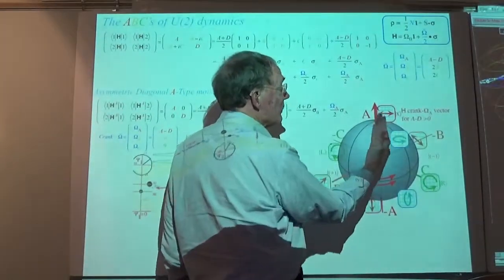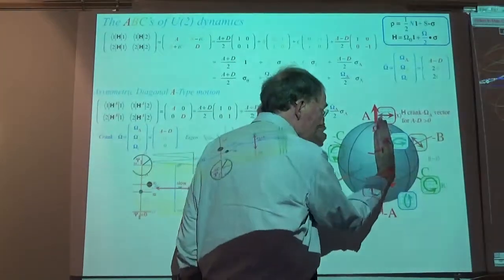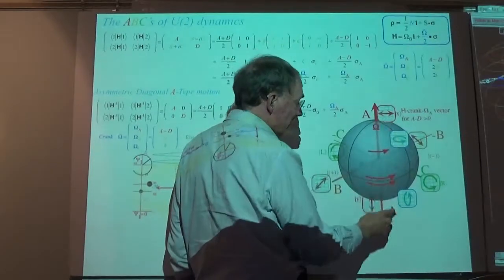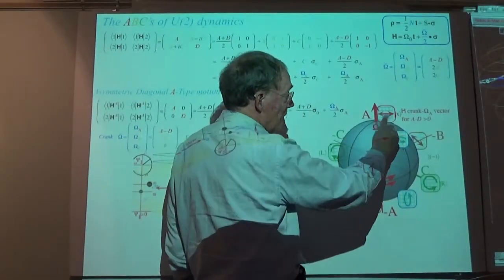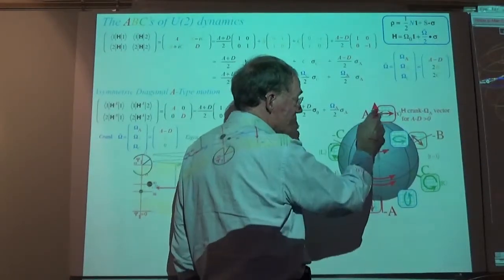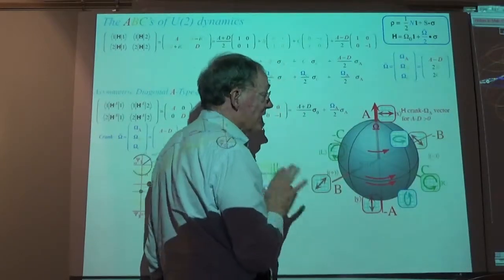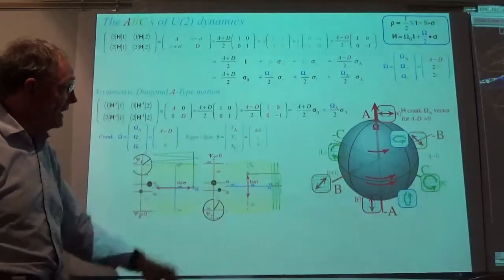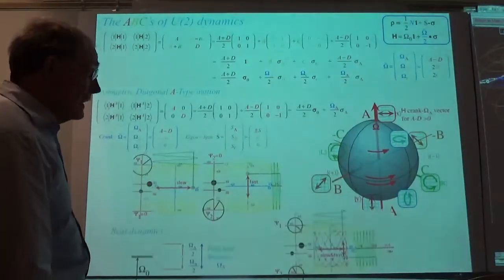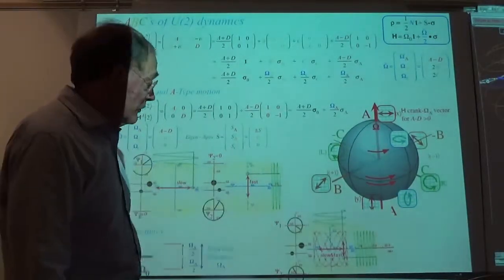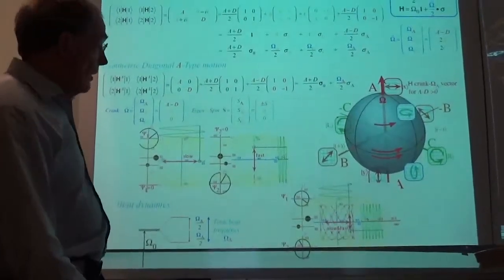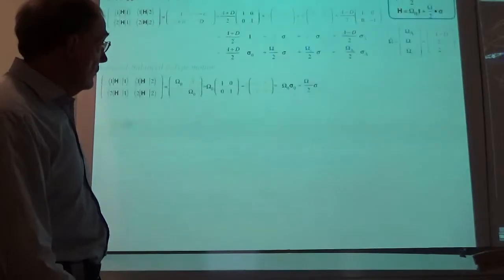The eigenstates correspond to spin either aligned with the A-axis or against it. Those are the two perpendicular polarizations associated with asymmetric diagonal A-type Hamiltonians. Okay, there they are, eigenstates. Put them together and you get this sort of behavior here. This is the picture of the frequency map of the eigenvalues.